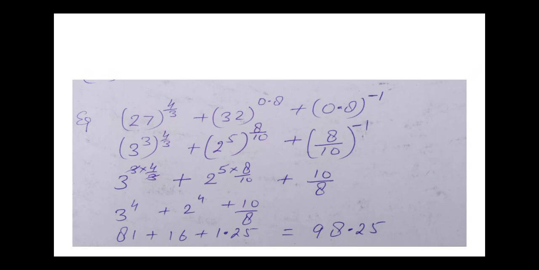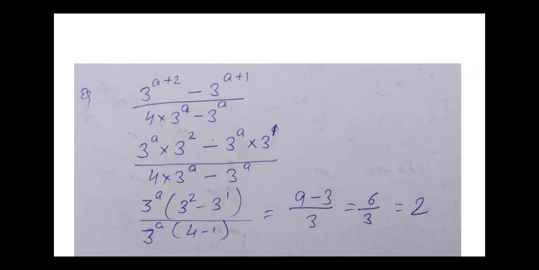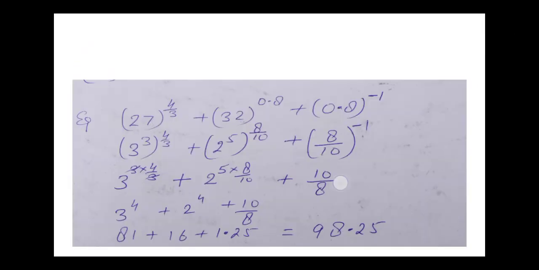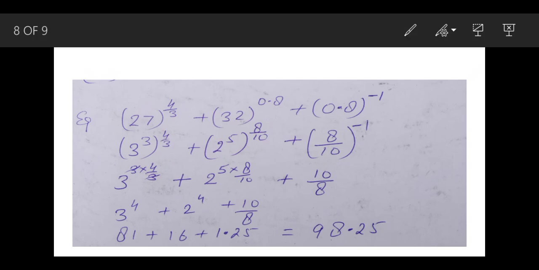This 0.8 can be written as 8 upon 10, plus this 0.8 can be written as 8 upon 10 whole power minus 1.